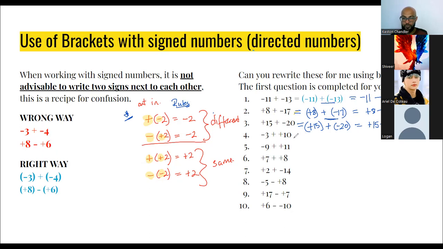And then for number 4, we put this in a bracket, -3 plus, put this one in a bracket, 10. It looks much neater that way. We go back to rules, and I'm seeing here, if I have a plus outside the bracket, a plus inside the bracket, then the net sign there is also a plus, so a positive sign.